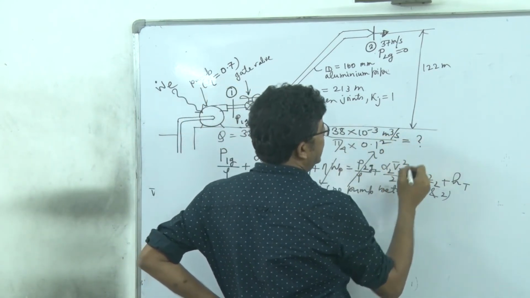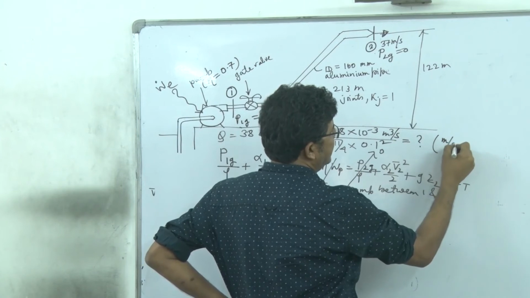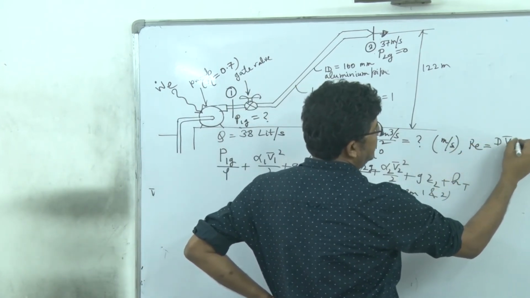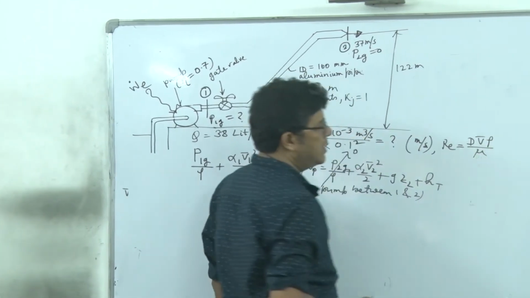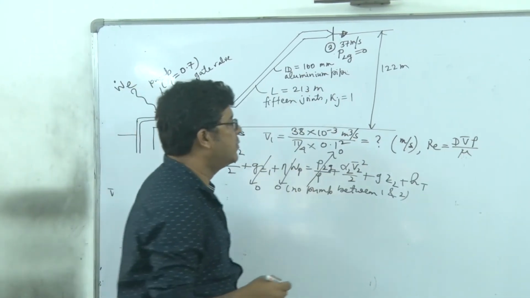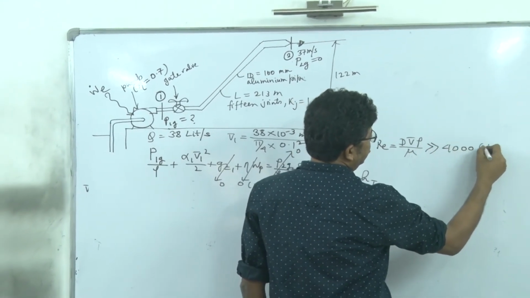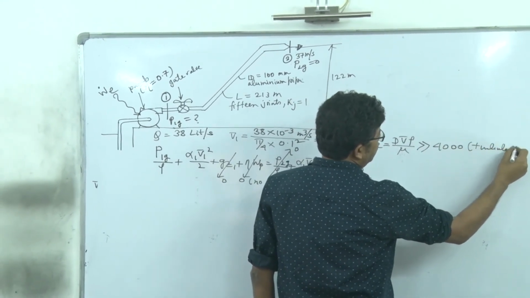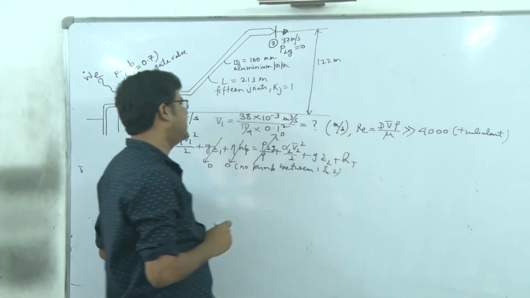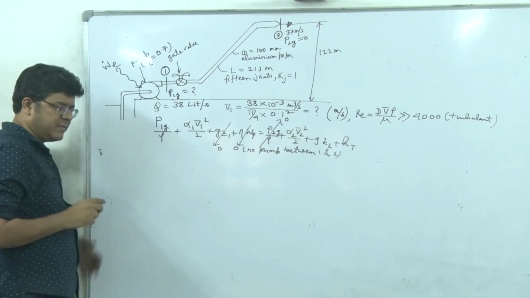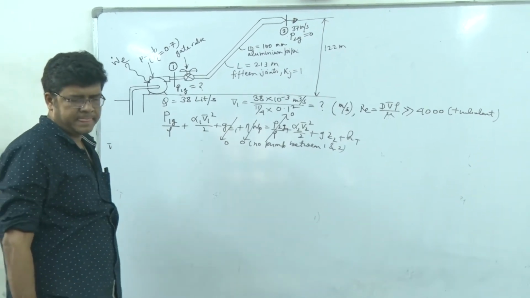So here we will get some value in meter per second. Let's immediately check the Reynolds number as D V bar rho by mu. And you will see that it is much greater than 4000, so we can confirm that this is a turbulent flow. It's not a laminar flow or transition flow, it's a turbulent flow. I don't remember the exact value, but it will be pretty high.